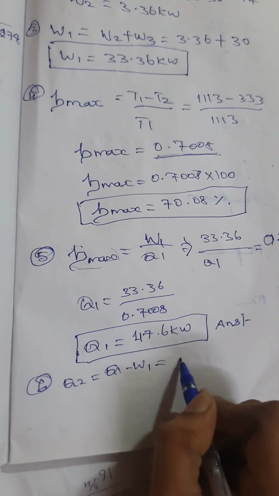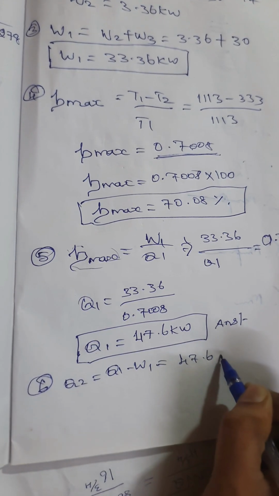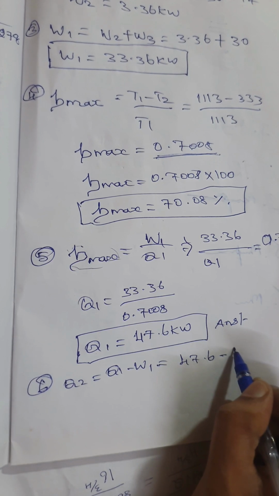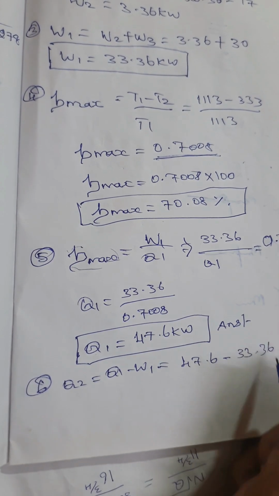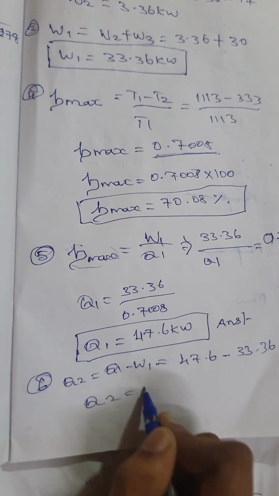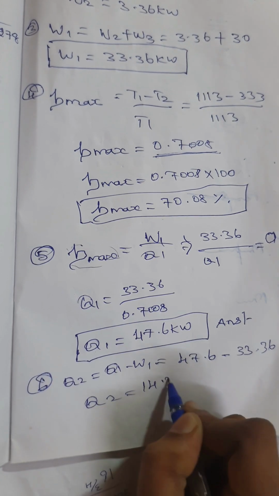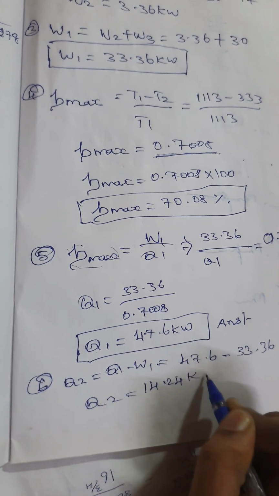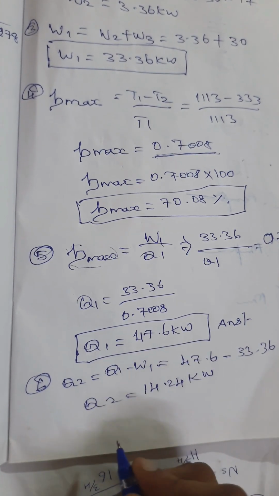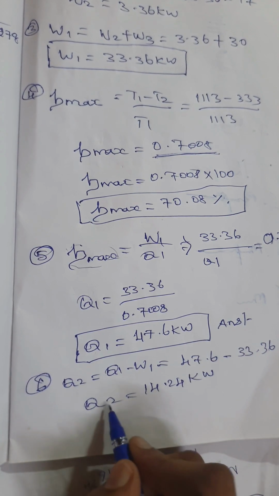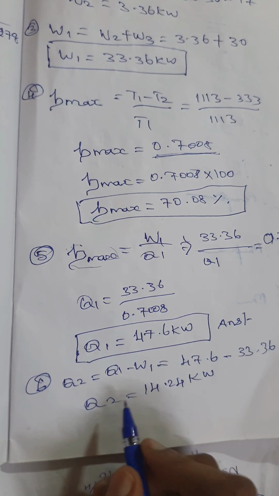Here Q1 is 47.6 minus the W1 value, 33.36. Now the Q2 value is equal to 14.24 kilowatt.